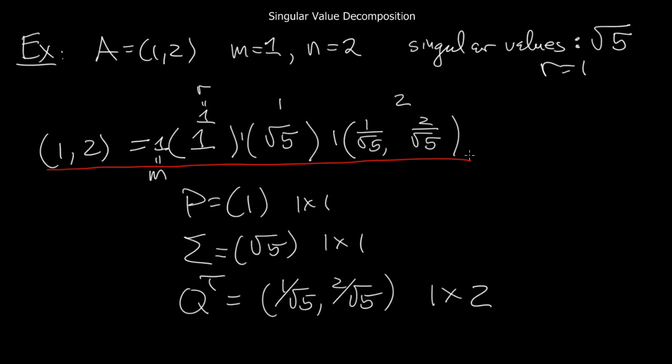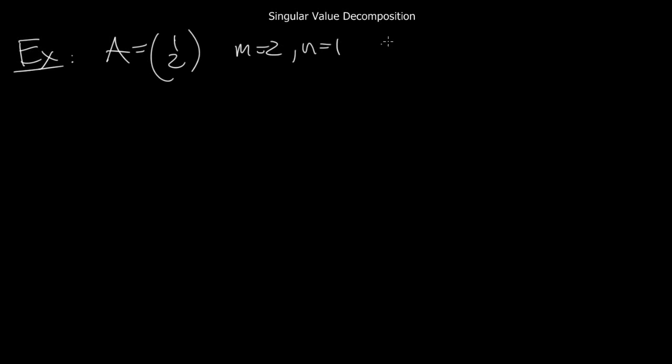Okay, well, let's do our transposed example. Suppose A was this matrix. Now you've switched M and N. M is 2 and N is 1. R is still 1 and sigma is still just radical 5.